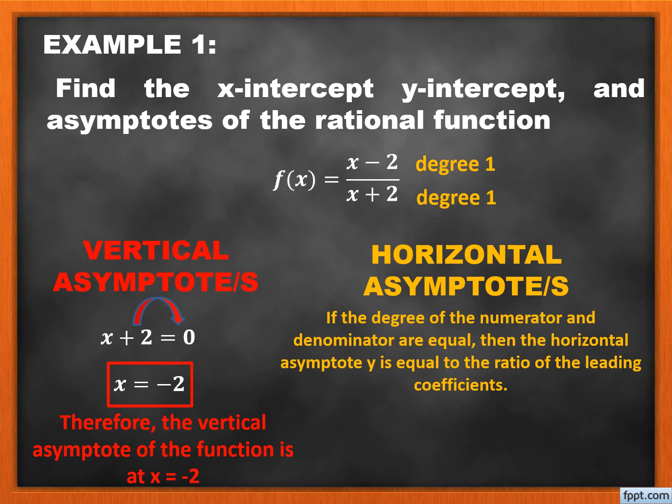Sa baba din, since x lang siya, walang katabing number, therefore, 1 din yung leading coefficient niya. So, what you're going to do is to divide the leading coefficient of the numerator and the leading coefficient of the denominator, which is 1 divided by 1. Ulitin ko, gagawin nyo lang to kapag parehas yung degree ng numerator and denominator. So, 1 divided by 1 is equal to 1.